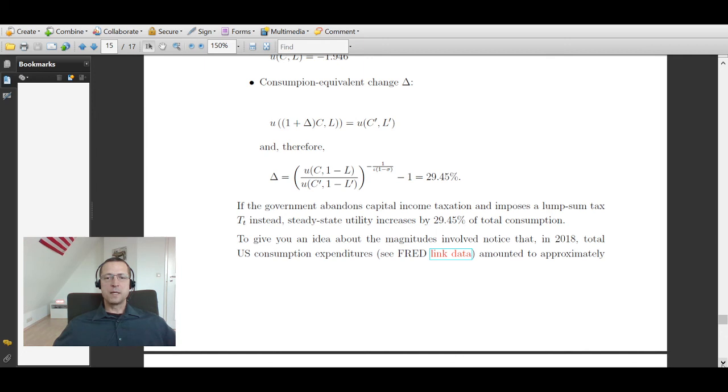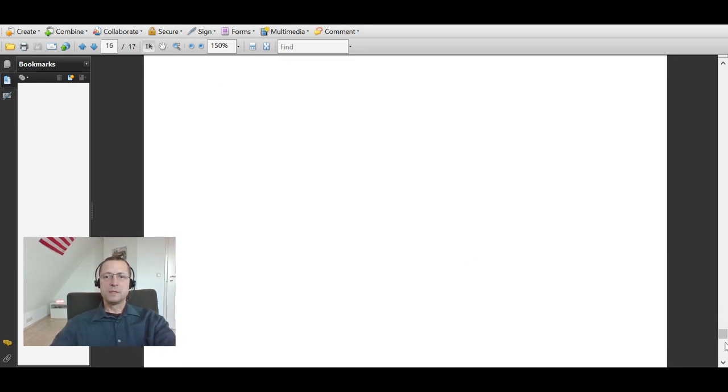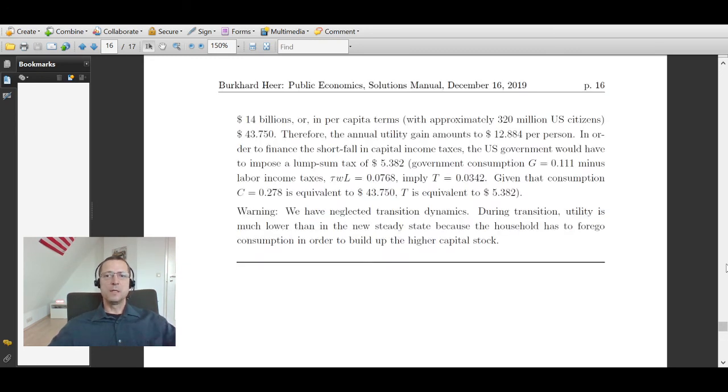So first I downloaded a series for US total consumption expenditures. You find this data at the Federal Reserve Bank of St. Louis, the database FRED, and it's freely available. You just press the link that is provided in my solution manuals. And I find that total consumption amounts to approximately 40 billion in the US in 2018.